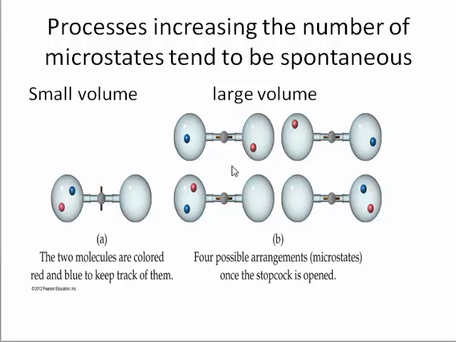If we open a stopcock and allow the 2 particles to occupy a volume of 2 globes, roughly speaking, we have 4 microstates. There are 2 with particles distributed, versus 1 with all particles on the left and 1 with all particles on the right.